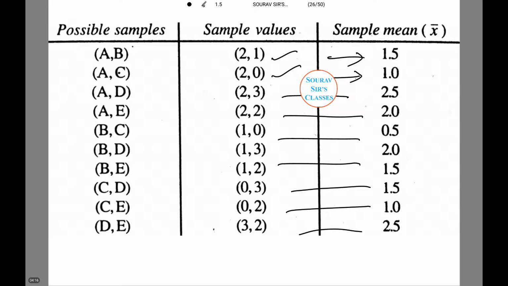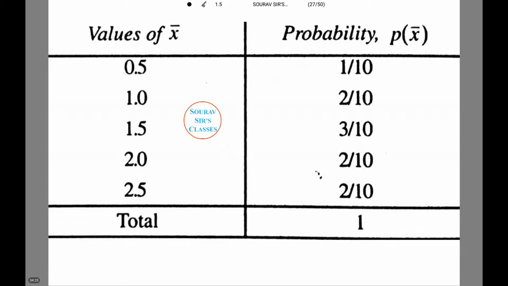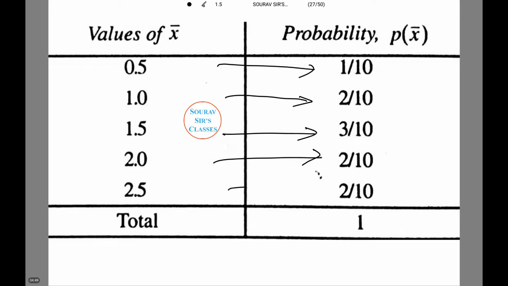Now we'll find the sampling distribution of x bar. Let's see what that table looks like. The values of x bar are given in the column on the left and their respective probabilities. We found 10 such probabilities in all, out of which 0.5 had only one, 1 had 2, 1.5 had 3 possibilities, 2 had only 2 possibilities, and 2.5 had only 2 possibilities.